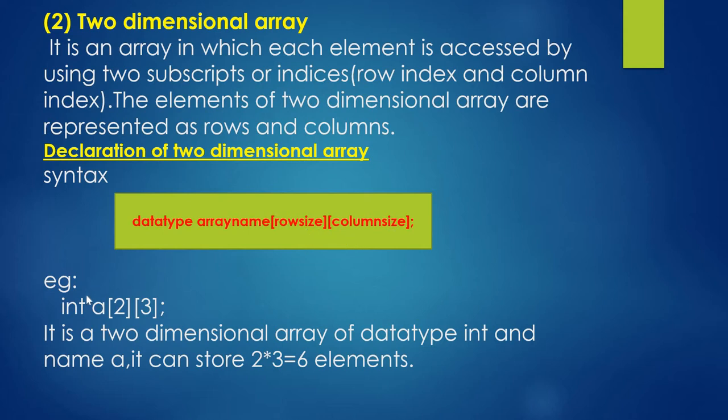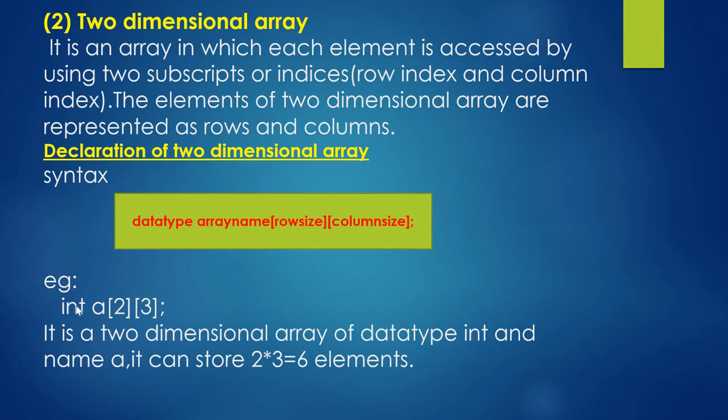For example, int A[2][3] is a 2 by 3 matrix, which means it can store 2 into 3 elements. How many elements can A[2][3] store? 6. We can store 6 elements in this matrix.